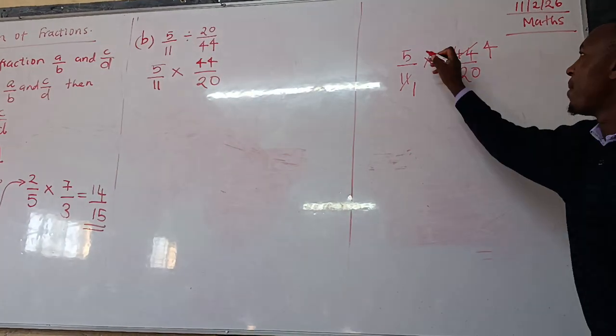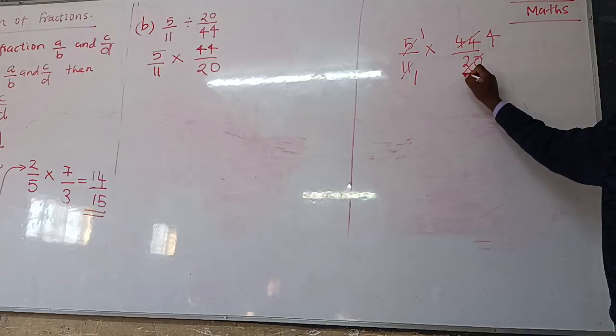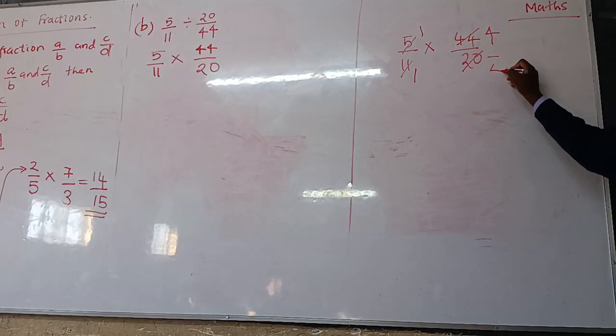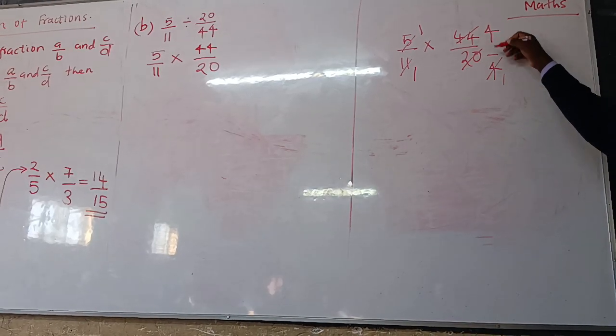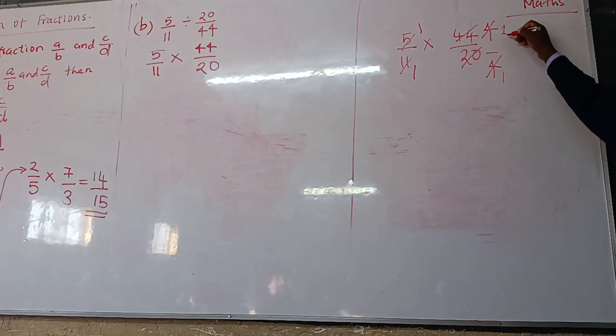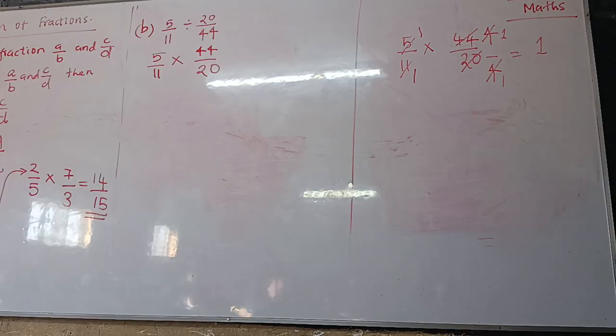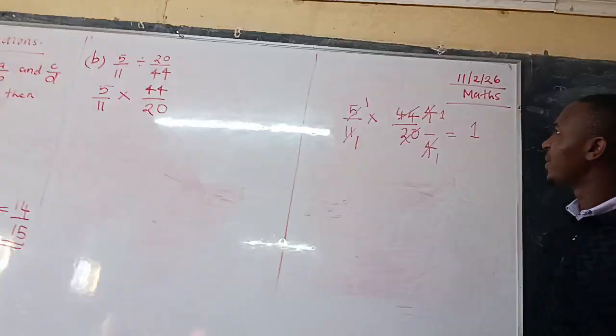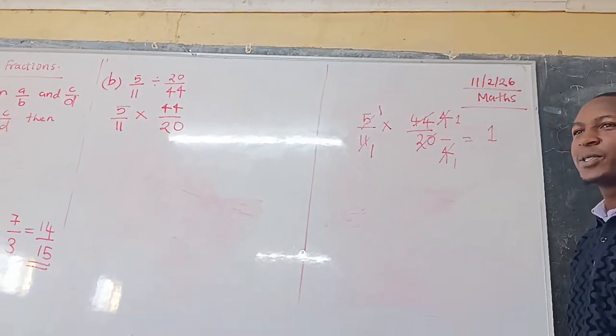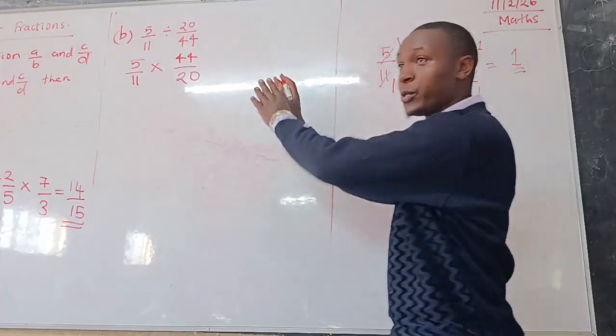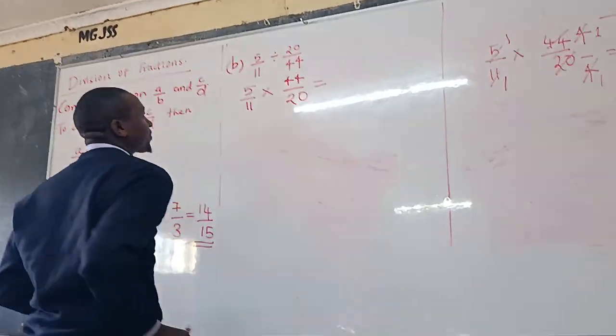By 5, 1, by 5, 4. 4 goes to 4 how many times? Once. The final answer is what? Is that true? Yes, it is true. The final answer is 1. But let's do it here so that we see what happens.